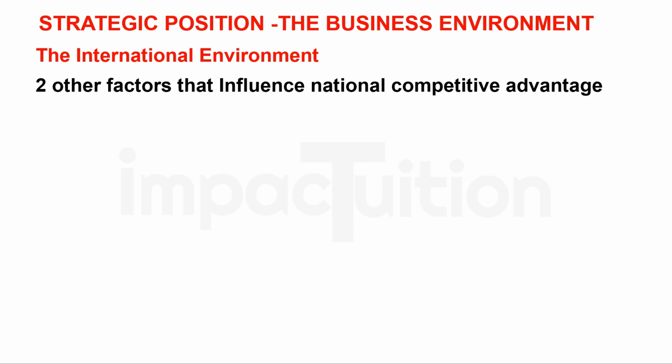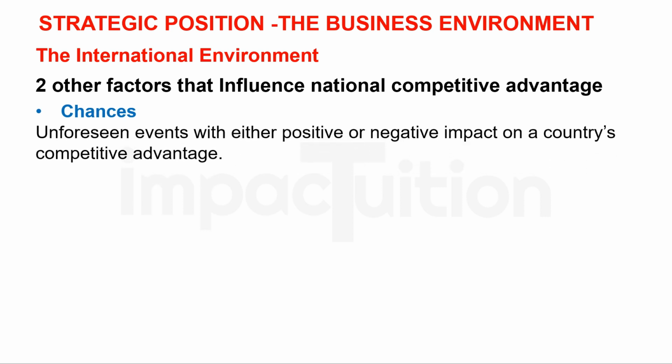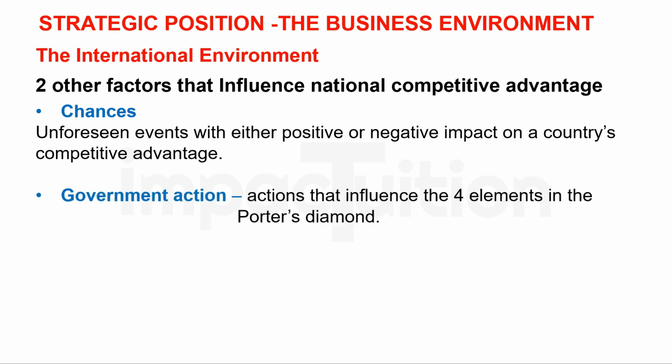These are not part of the four elements in the Porter's diamond, but they influence these four elements. They are chances and government actions. Now, chances are unforeseen events with either positive or negative impact on a country's competitive advantage. We will dwell more on government actions.